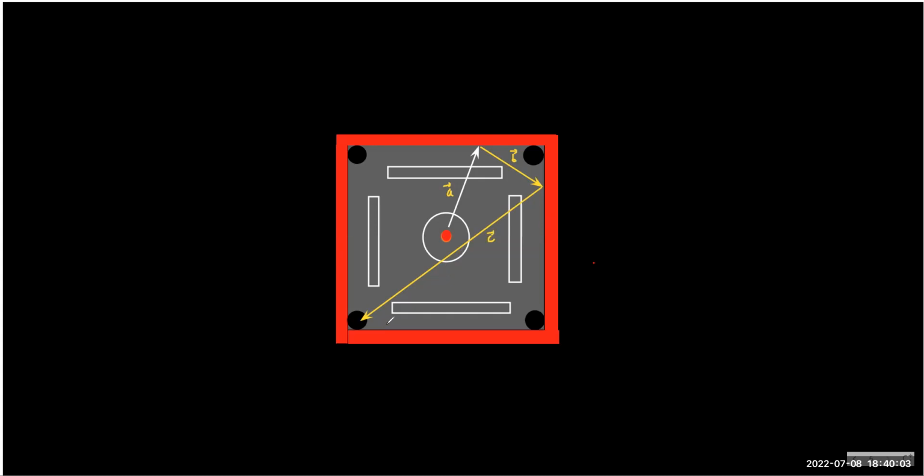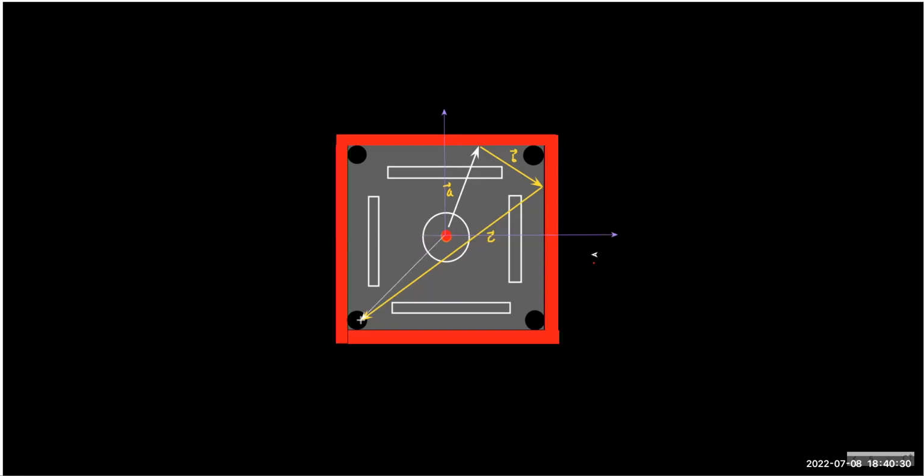This could be the possible path. Or if I choose the origin near this queen itself, I can set up my coordinate system anywhere. Then the resultant vector, we could have directly drawn like this.